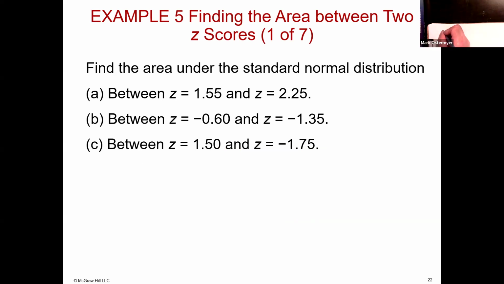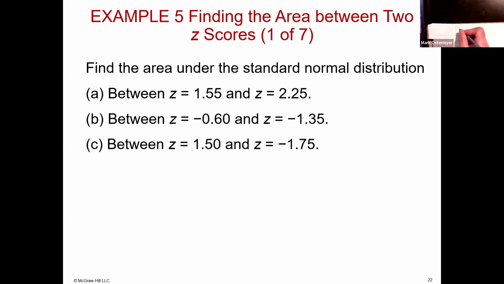So they want us to find the area between 1.55 and 2.25. So let's see, this is 1.55. It's above the mean of 0, and 2.25 would be up here somewhere.